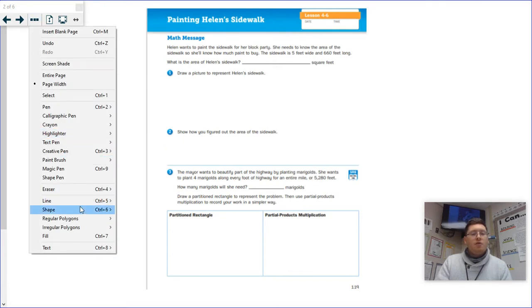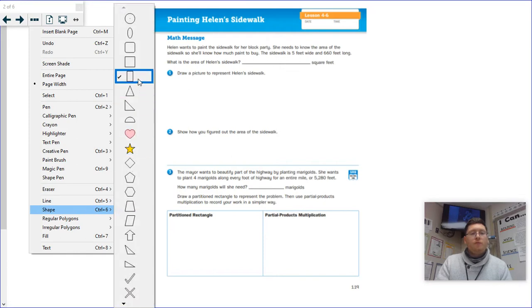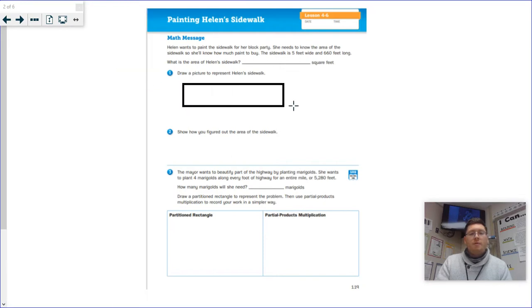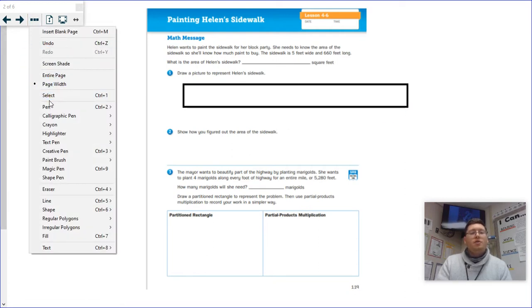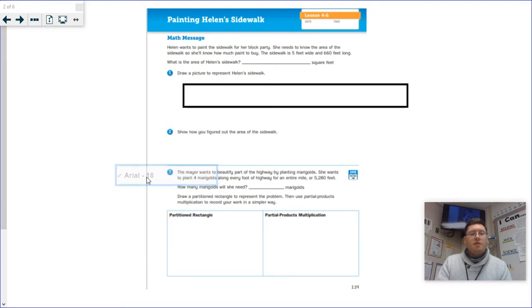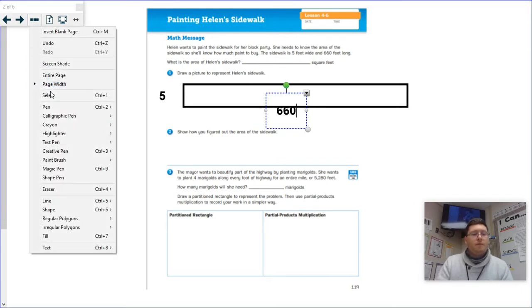So I'm going to draw a shape. All right, there's her sidewalk. But really, I need to come in here and get my text, Arial. It's a 5 by what? 660.